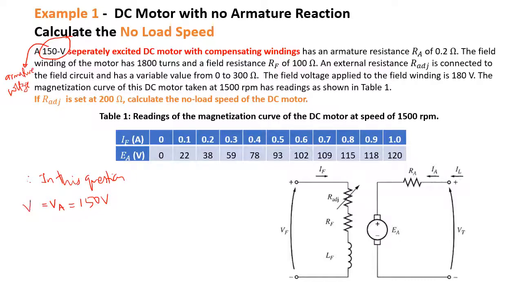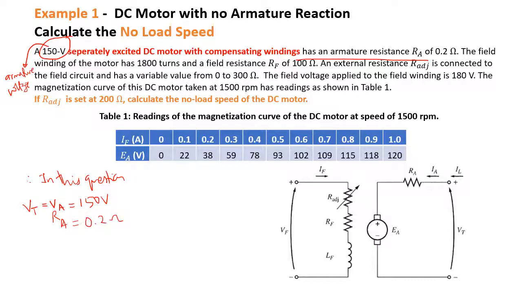It's also VT. Sometimes the armature voltage is written as VA, but most of the time in the textbook it's written as VT, which is terminal voltage, and it's 150 volts. It has an armature resistance of 0.2 ohms, so RA is 0.2 ohms.